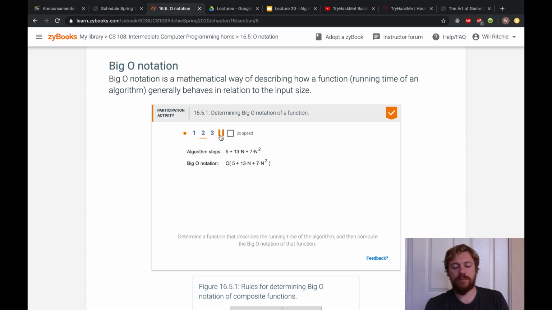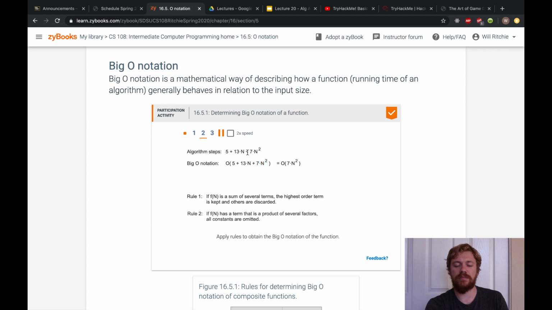And so what we're going to do is compute the big O notation. And so there's two rules to keep in mind here. The first one, if the function of n, which is this 5 plus 13n plus 7n squared, is a sum of several terms, the highest order term is kept and the others are discarded. So the highest order term in this case is 7n squared. It's highest order because of the n squared part.